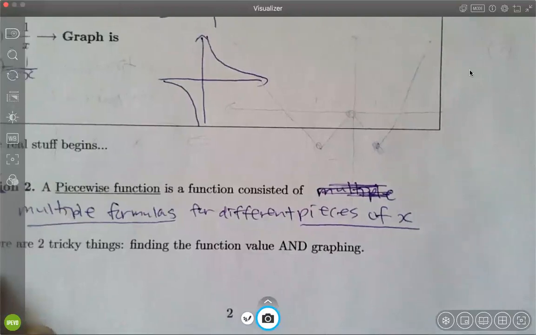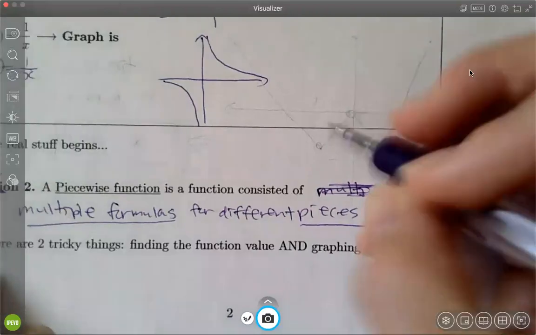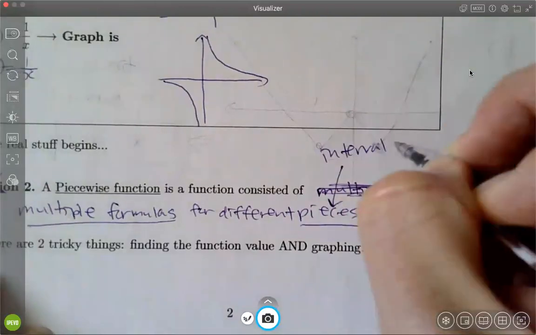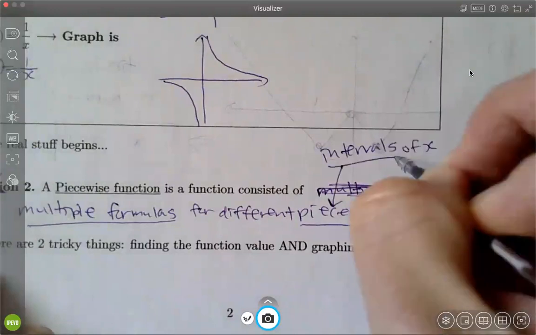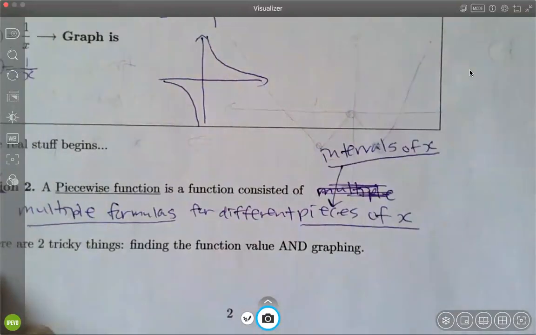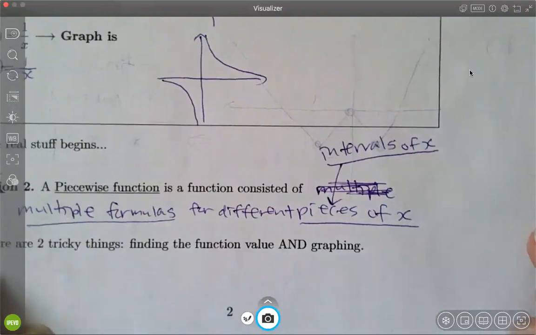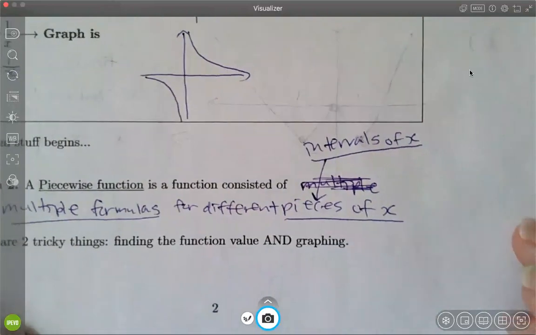Alternately, we can say the intervals of x instead of the pieces of x. This is the definition, and there are two tricky things: finding the function value and the graphing. Which one is trickier? The graphing is trickier. Can I go to the next page?